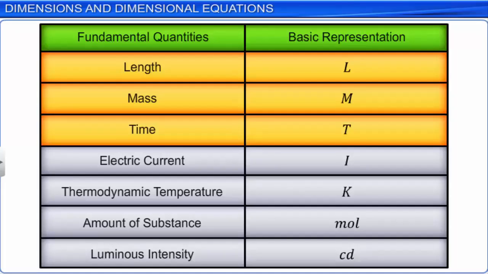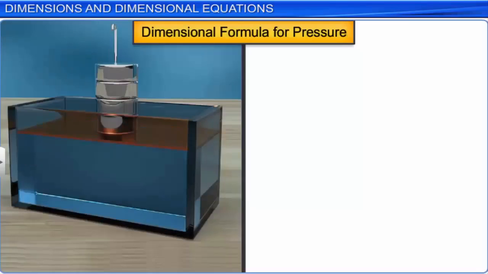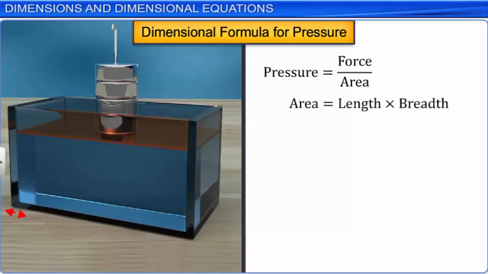Let us look at another example. Let us find the dimensional formula for pressure, which is equal to force per unit area. Area is the product of length and breadth. Length and breadth represent the base quantity, length.